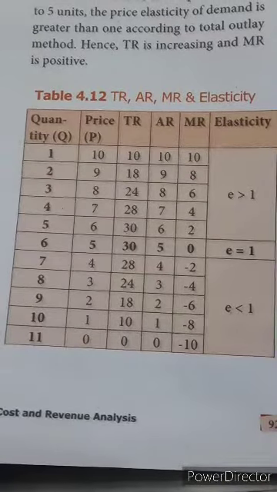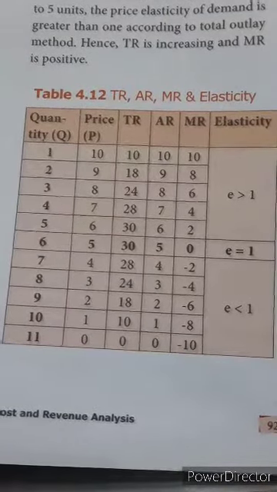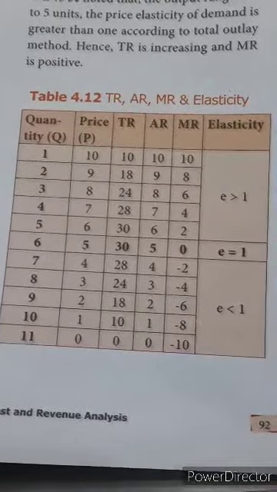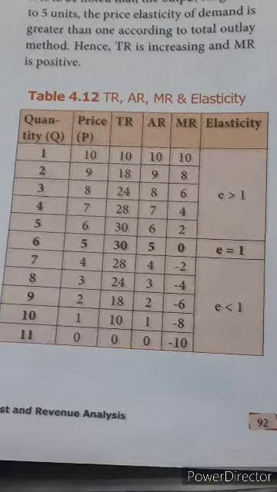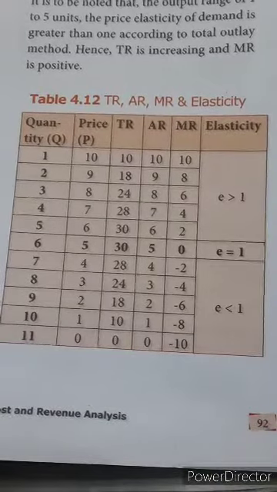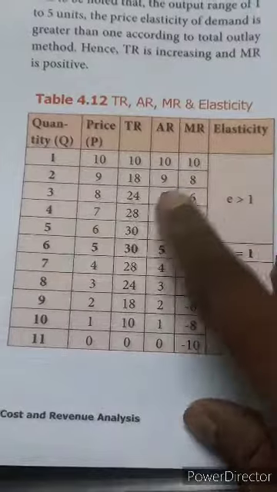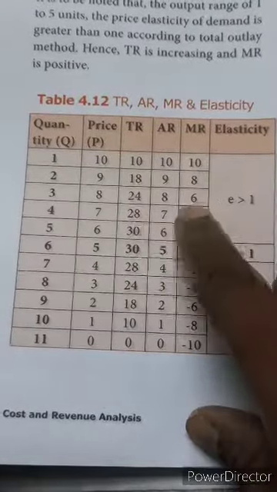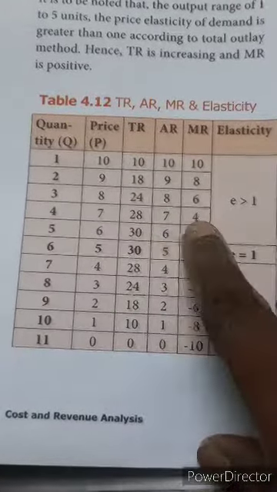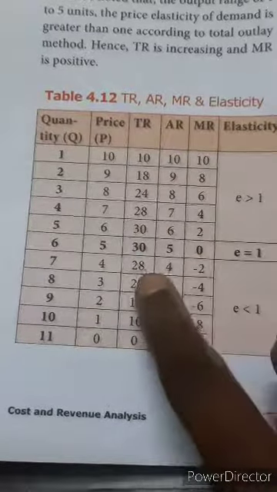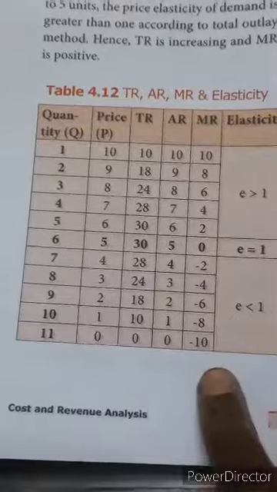AR அப்படி தான் வரும். நான் ஆல்ரெடி சொன்னேன், price தான் AR. Average revenue என்கிறது price தான். AR is equal to price. So MR calculate பண்ணியிருக்காங்க. எப்படி பண்ணியிருக்காங்க? 10, second 18 minus 10 is 8, 24 minus 18 is 6, 28 minus 24 is 4, 30 minus 28 is 2, 30 minus 30 is 0. இப்படி தான் MR calculate பண்ணியிருக்காங்க.